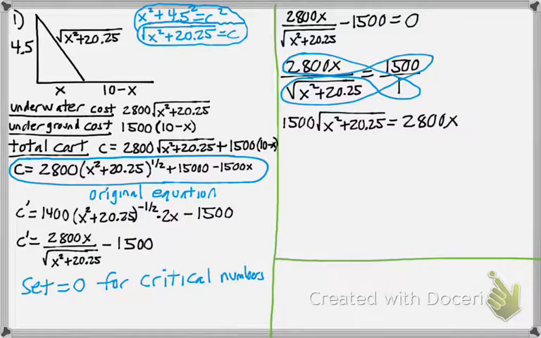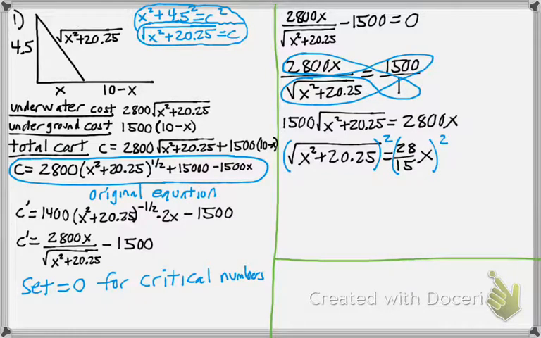If you divide both sides by 1500, then the square root of x squared plus 20.25 is equal to 28 over 15x. Next I want to get rid of that square root. So what I need to do is actually square both sides.